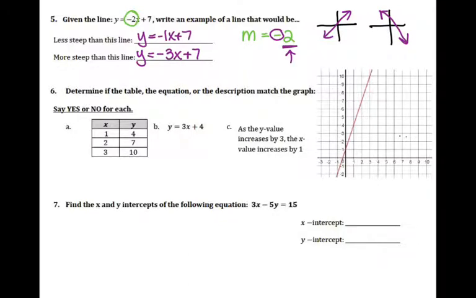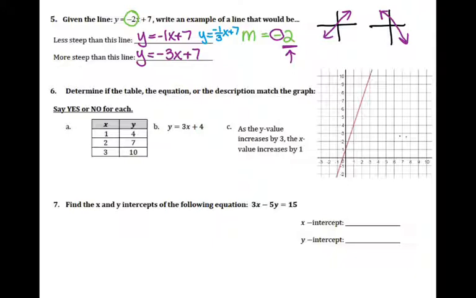If you want to get fancy, we could make it a fraction. So y equals negative 1/3 x plus 7. You just need some number that's smaller than 2. All right, and I kept my y-intercepts the same just because I wanted to, but since you're just talking about steepness, it really doesn't matter if you have that 7 there or not.